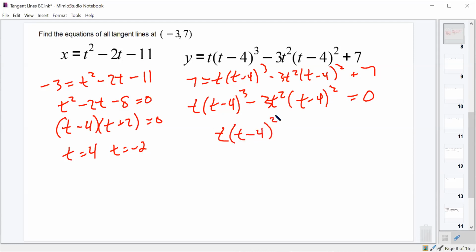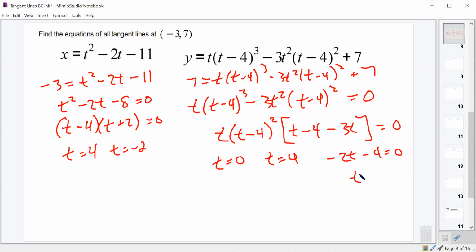So we'll factor that out, t times (t minus 4) squared. And that should leave us with, in the middle here, a t minus 4 and then minus 3t, since we took out the t from the 3t squared. And that should equal 0. That should give us t equals 0, t equals 4. And then this one becomes -2t minus 4 equals 0, or t equals -2.